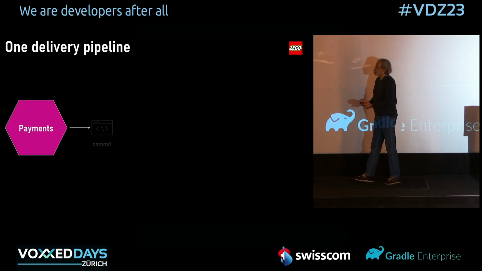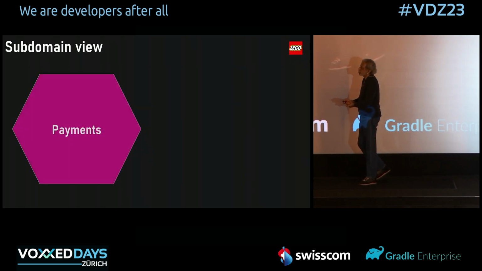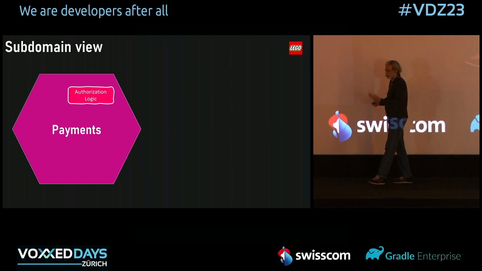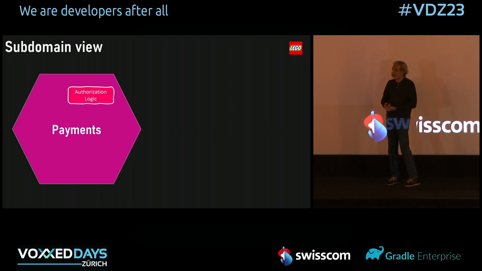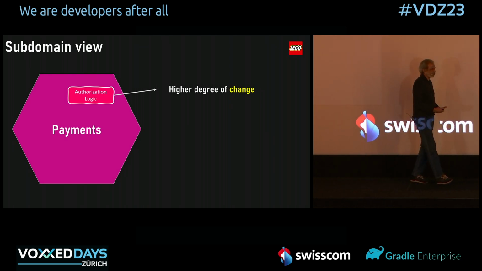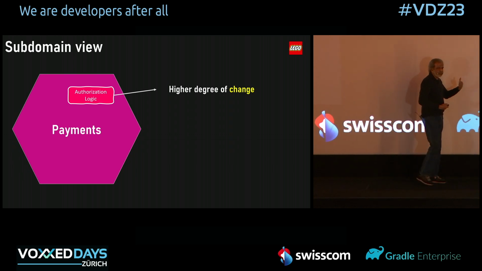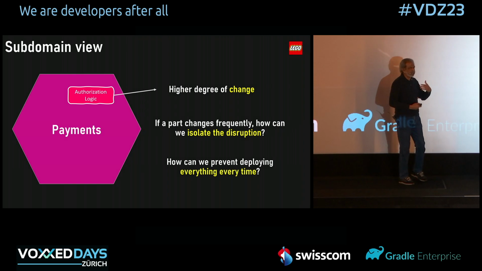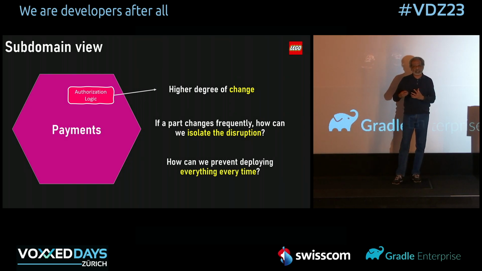But what happens if the change frequency of part of this particular service is higher? Why do we need to deploy everything all the time? This is the way of thinking as you break things down. Is there a way I can separate that part out and carve it as a smaller microservice so that if that changes, nothing else gets affected?